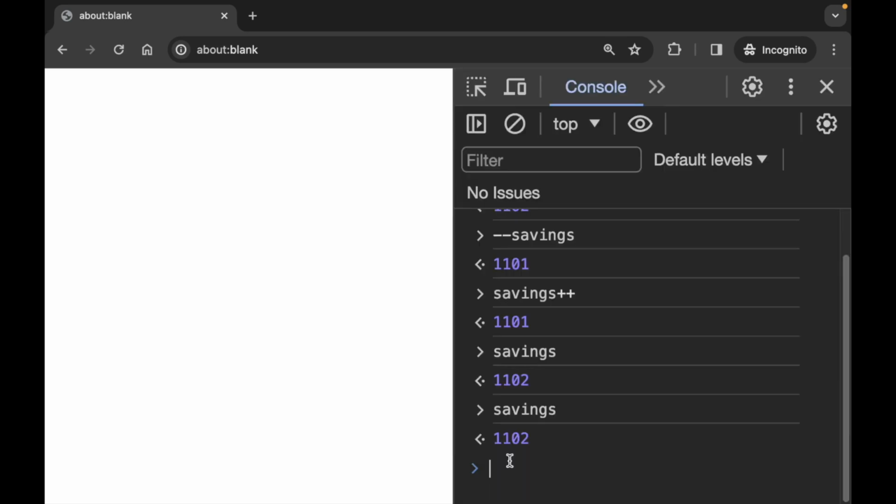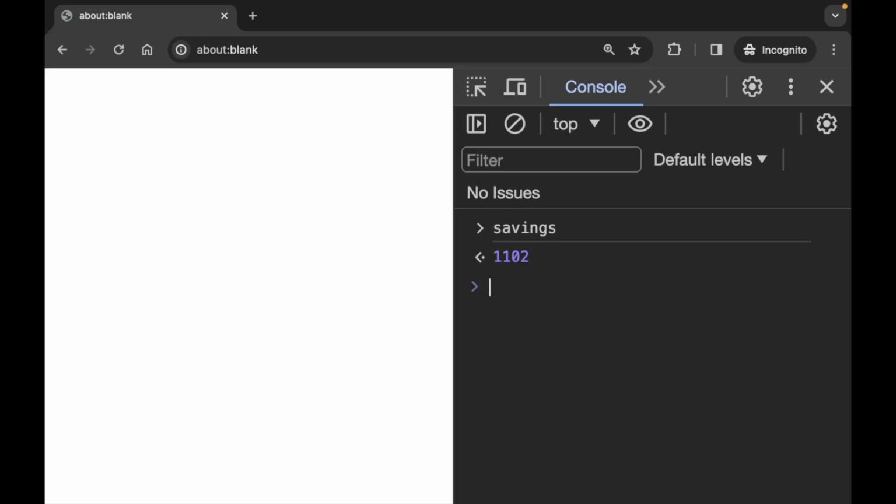So we can do the same thing here. Let's do savings. It's 1,102, and if we do savings minus minus, notice the output of this is 1,102, but if we look at the value that's saved internally afterward, it's 1,101.